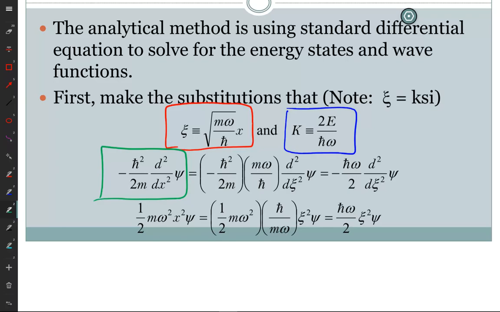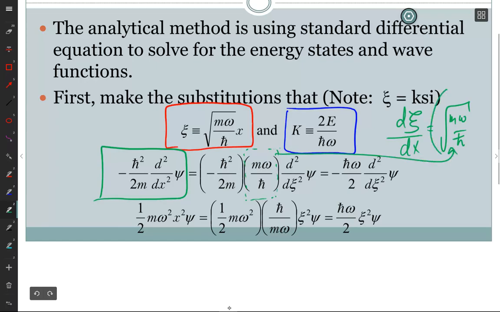Well, if we shift to taking derivatives with respect to xi, we're going to have to use that factor twice. That is, it's going to be raised to the second power because we have a second derivative. And so that's what this term right here is.